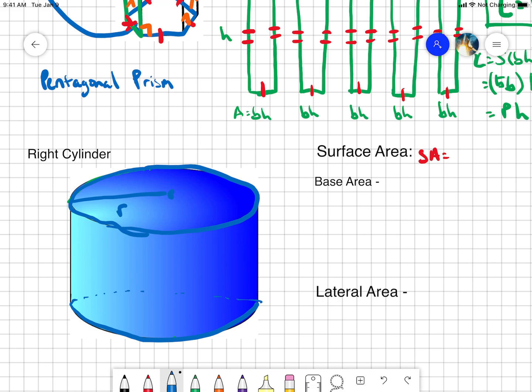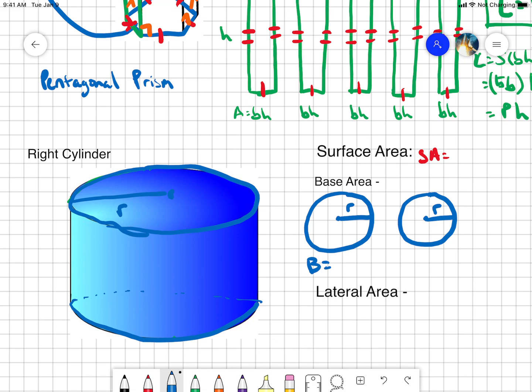So if I'm looking at just the base area, again, there are 2 circles. I'm sorry, my circles suck. They're 2 circles with the exact same radius, meaning that they're congruent. So if I think about the base area of just one of them, if I think about just B in general, what's the area of this?